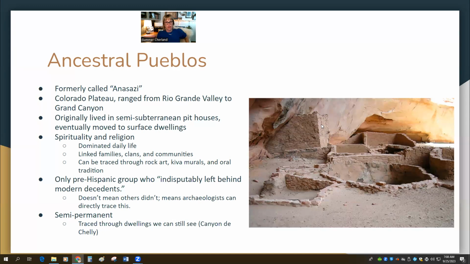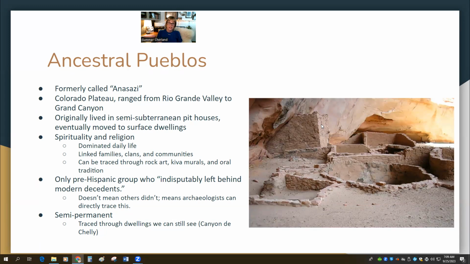Now, this is a sensitive comment. This is what Sheridan writes: they're the only pre-Hispanic group who indisputably left behind modern descendants. Now, this does not mean they're the only ones who did. It means that archaeologists can directly trace through DNA and through other types of bone testing that there is evidence of current living people who can tie their lineage all the way back to the ancestral Pueblos.